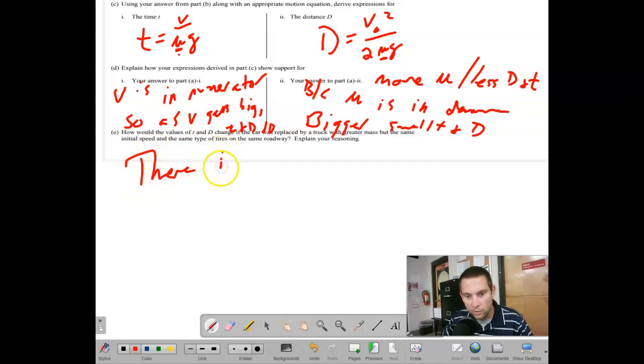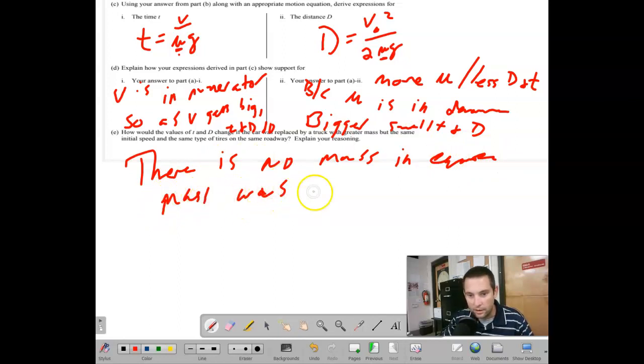There is no mass in the equations. That canceled out a long time ago. Mass was canceled out. So in this specific situation only, mass doesn't matter. Something to that effect, to where it doesn't affect time or distance.